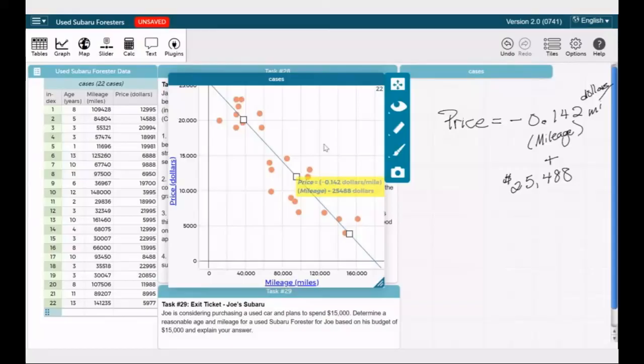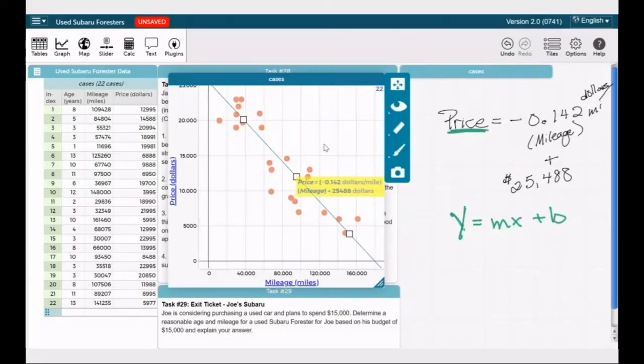If you had a line and you had to come up with a formula for that line, what formula would you use? Would you not use y equals mx plus b? Yes, you would. Y equals mx plus b.